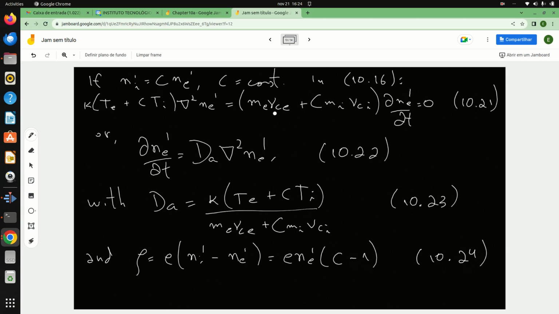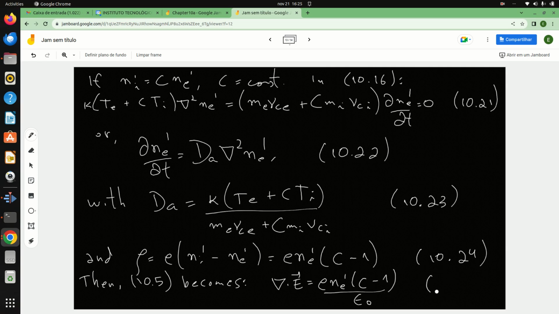In this case, the Maxwell equation 10.5 becomes divergence of E is equal to e Ne prime (c minus 1) over epsilon 0.